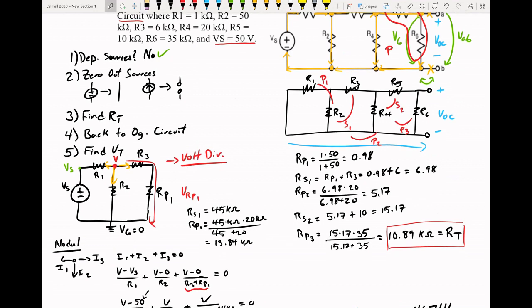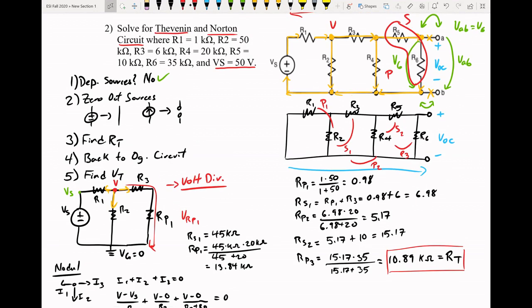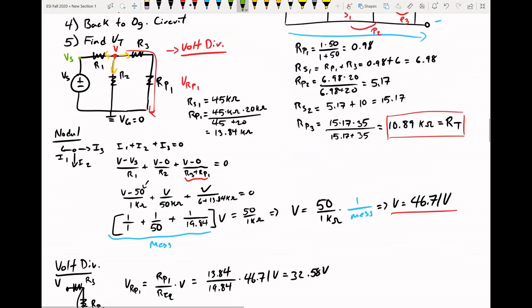We're getting there. So now we know the voltage drop across that branch. So we know this voltage value now. So then now let's go and do one more.